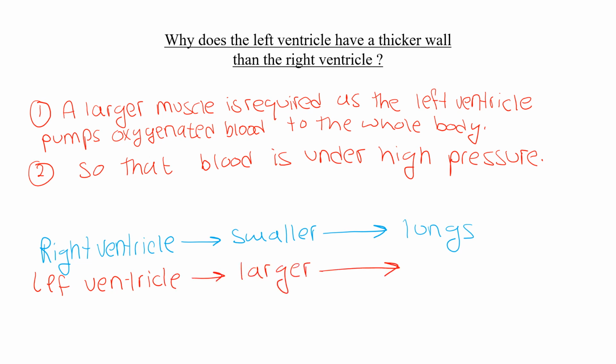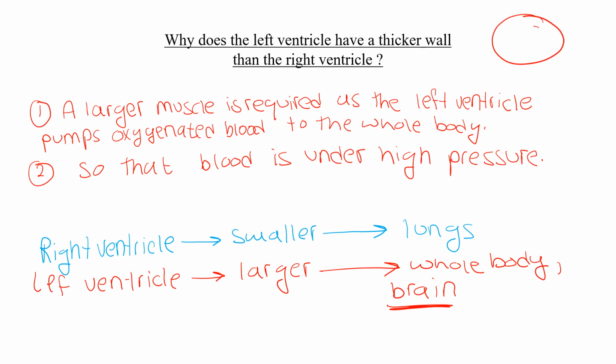So the blood goes to the whole body, including the brain, of course. So blood needs to be really strong and it must be pushed with force. And it goes through the aorta. This is why the aorta is also very thick and extremely elastic to withstand this blood pressure and not rupture.